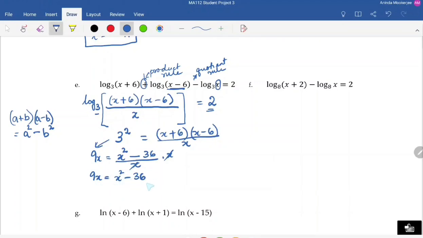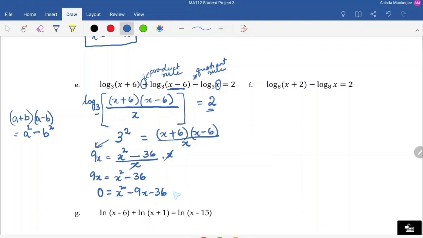Clearly, this is going to be a quadratic equation. In order to solve a quadratic equation, we have to make one side equal to 0. So if I move the 9x over to the right-hand side, we'll end up with 0 equals x squared minus 9x minus 36. So now we have to solve this quadratic equation. This is factorable.